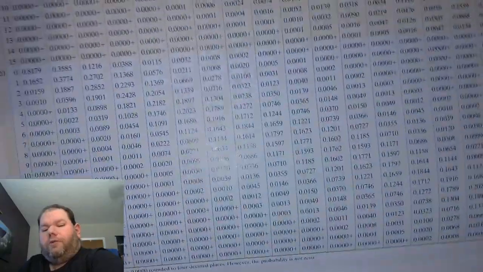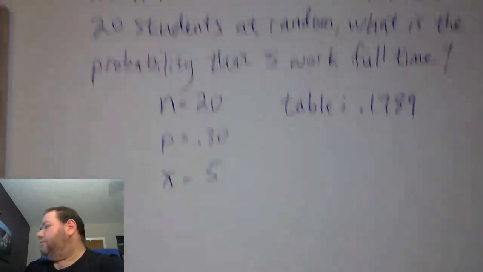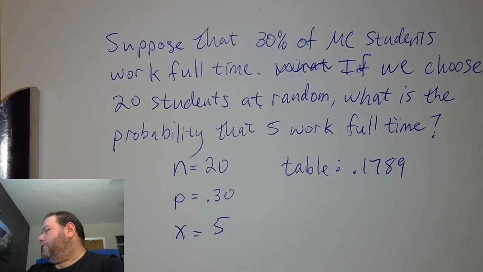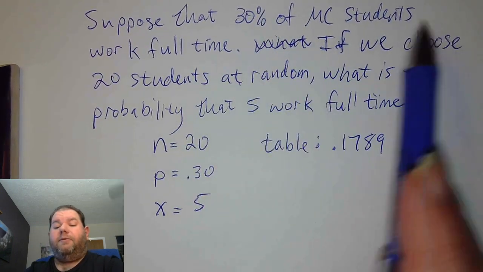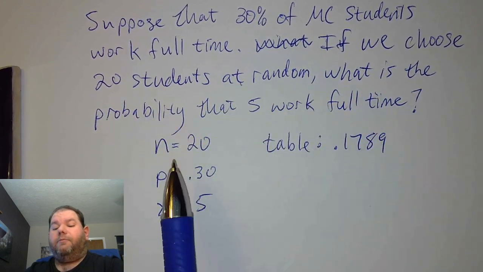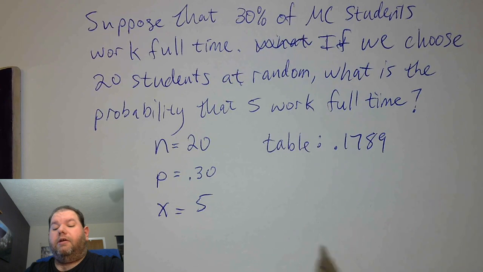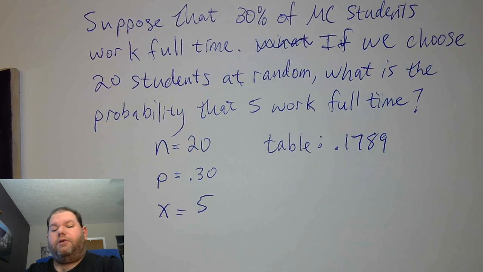Actually, while we still have it out, let me ask the other question. So we said, okay, we have a 30% chance, or 30% of MC students work full time. If we choose 20 students at random, what's the probability that 5 work full time? And we found that to be a little bit under 18% chance of that occurring.